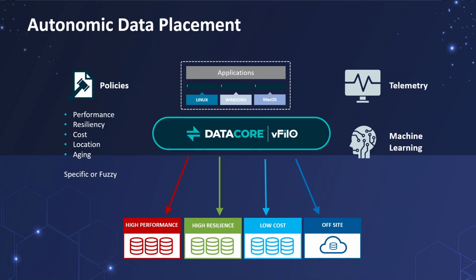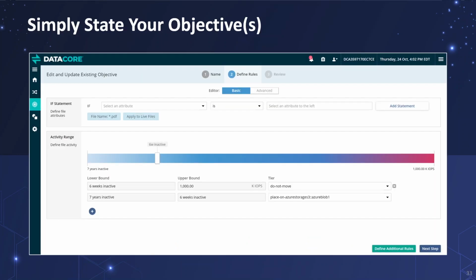So when we have a better understanding of the profile of the backend storage, then we can use a feature called objectives in vFilO, which gives you a very high-level and easy-to-use interface for setting policy to automate file management. For example, you can state what kind of files, what file type, and then give it the activity range.